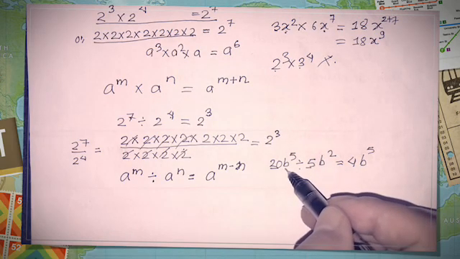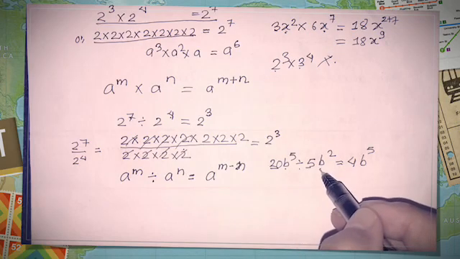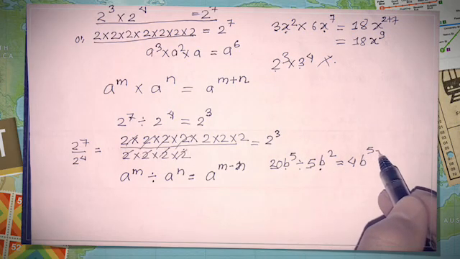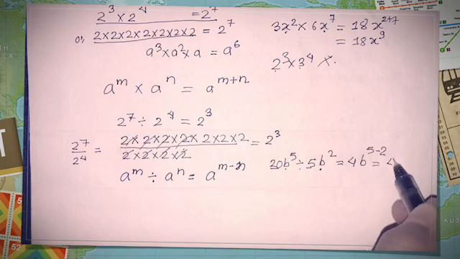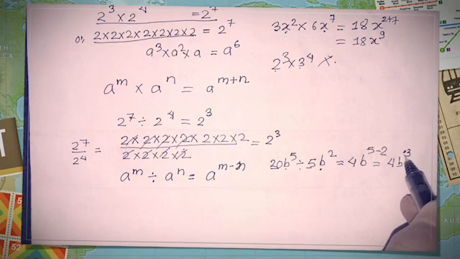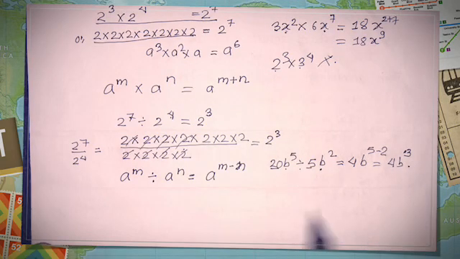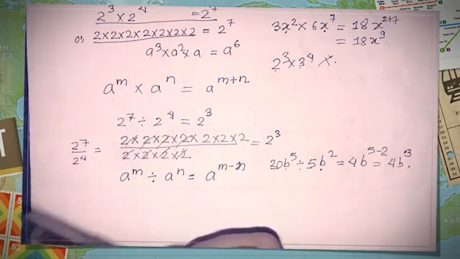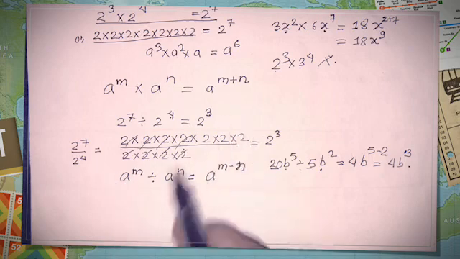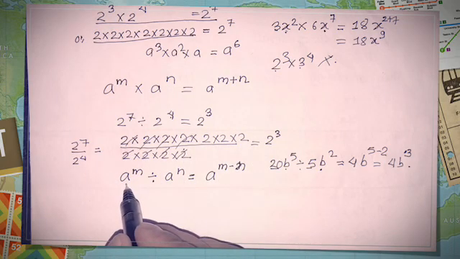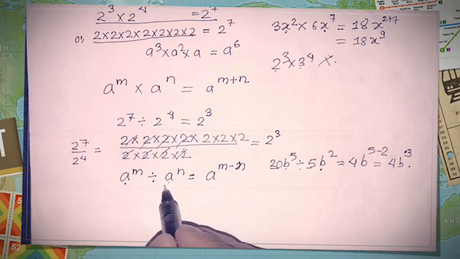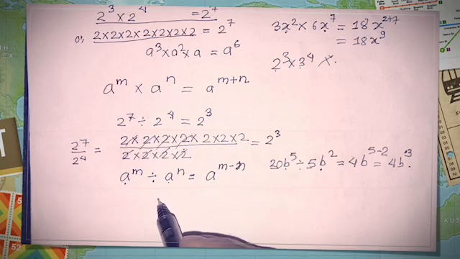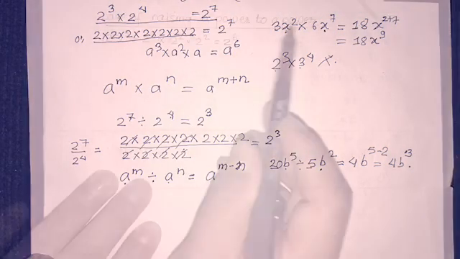Now we have to subtract because they have the same base, that is 4 b to the power 4. And I want to tell you that for both the law of multiplying and the law of dividing, the necessary condition is that the base should be the same. Only when they have the same base can these two laws be applied.